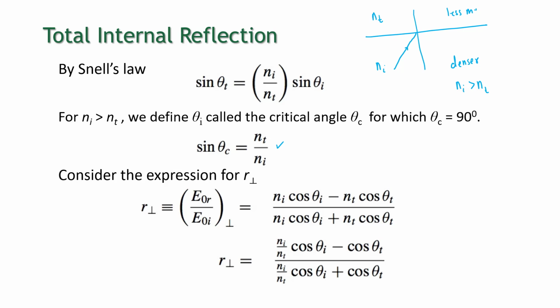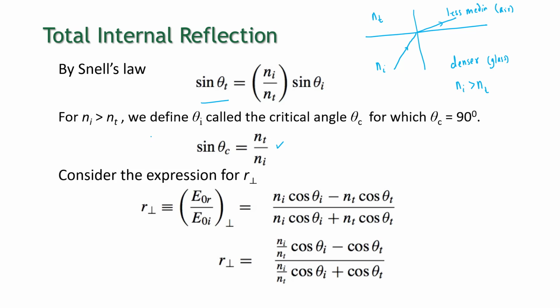For example, this one could be glass and this one could be air. So when light goes from glass to air, light is refracted away from the normal, like that. So this is Snell's law for this boundary.